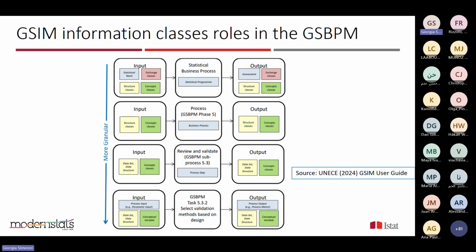Usually the statistical program is mapped to the statistical business process, the business process of GSIM to the phase of GSBPM, and the sub-processes of GSBPM to process steps. Then, since a process step can have some sub-steps, also the tasks in GSBPM can be mapped as process steps.